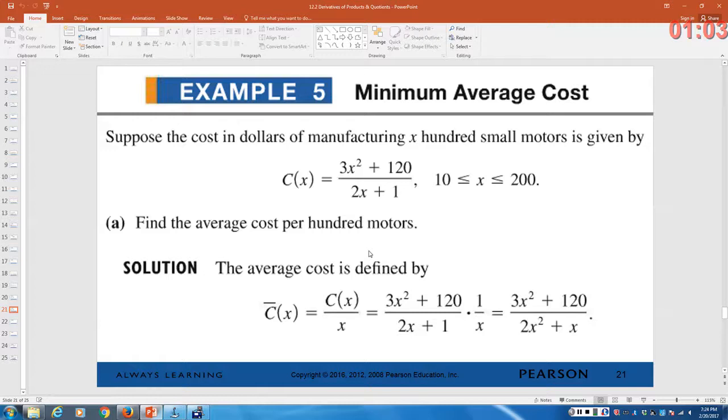Change it into the cost function times 1 over x. And so for that reason, it turns out to be 3x squared plus 120 over 2 times x is 2x squared, plus 1 times x is x. So now this is your average cost function. It always has to be your first step to get the average cost function if you're going to talk about marginal average cost.